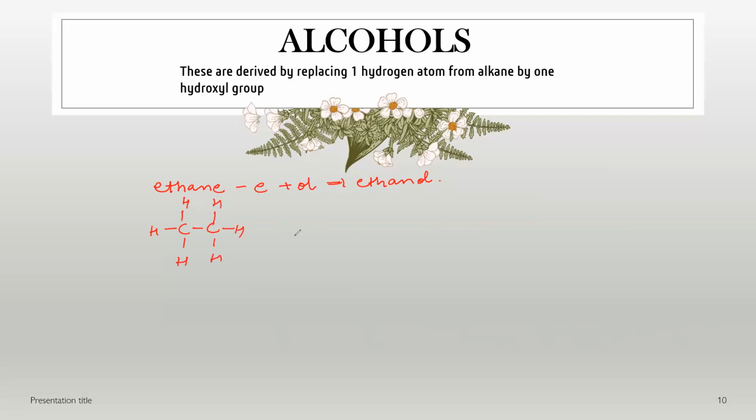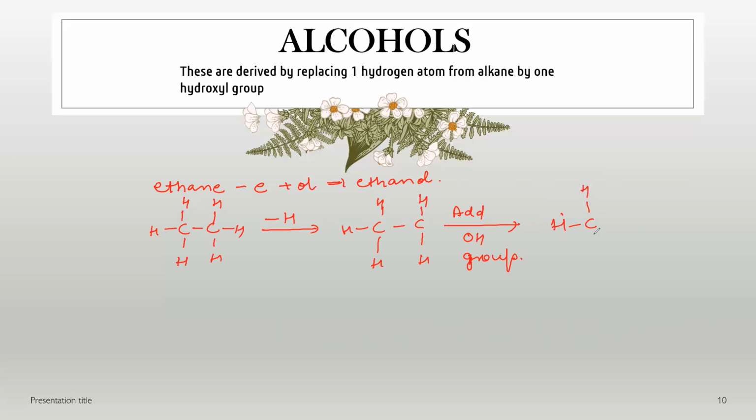Correct? So what do I need to do? I need to replace one hydrogen with an OH group. So I will subtract one hydrogen, like this. Now I will add the OH group. Okay.